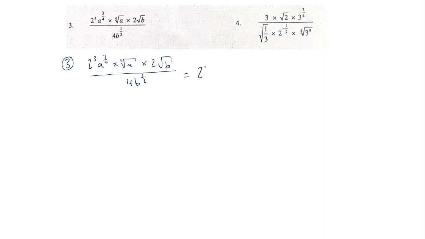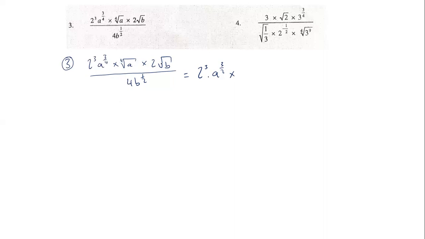So now we have 2 to the power of 3, and there is nothing that we can do with this one. Multiplied by a to the power of 3 over 4. And then what is the golden tip? We don't want this root, so we're going to express it as an exponent.